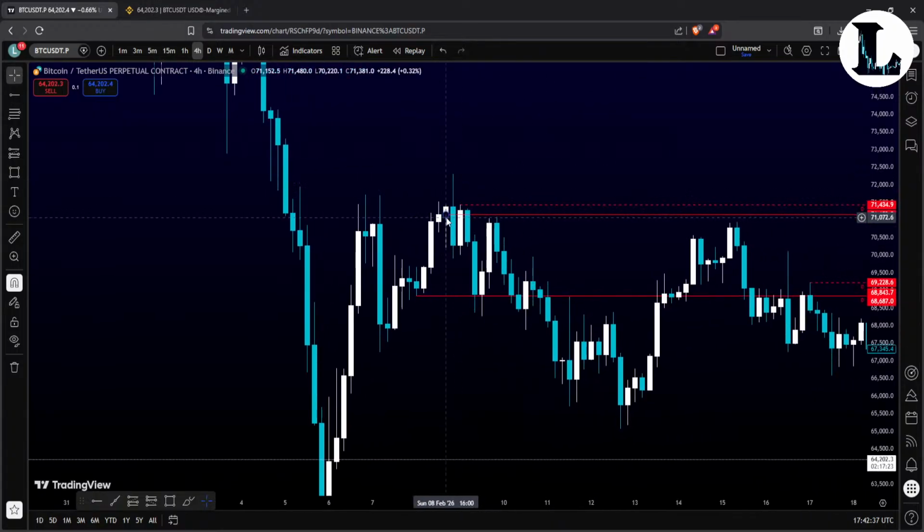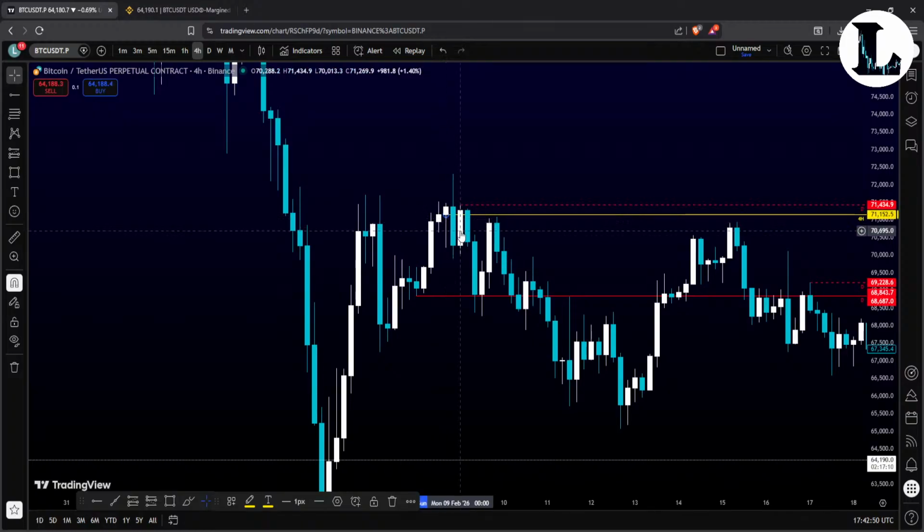Even though this can also act as support, because every white candle on the top is going to act as support, this is not the strongest support, okay? Probably if we did not create these 3 candles here, in the moment, this could be a strong support, a strong resistance, sorry.